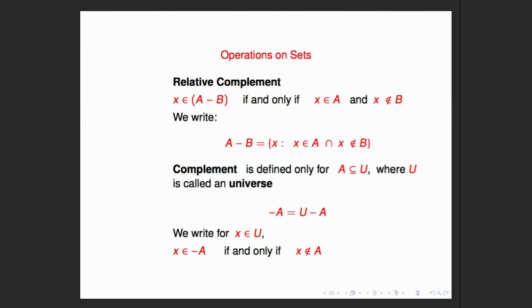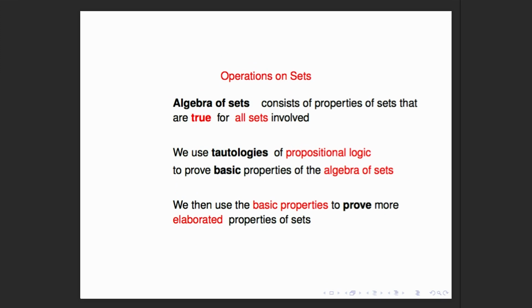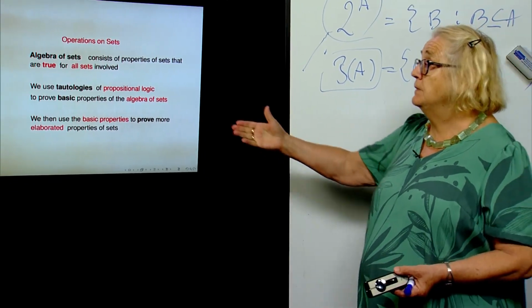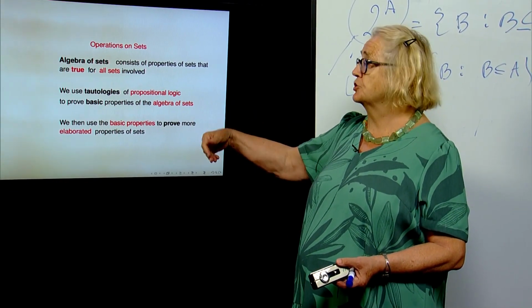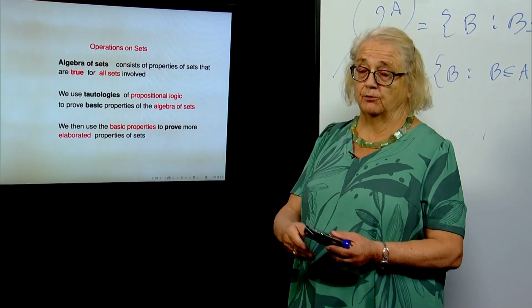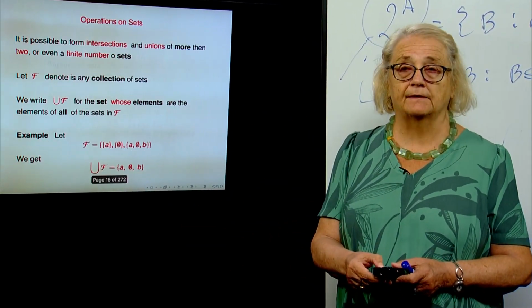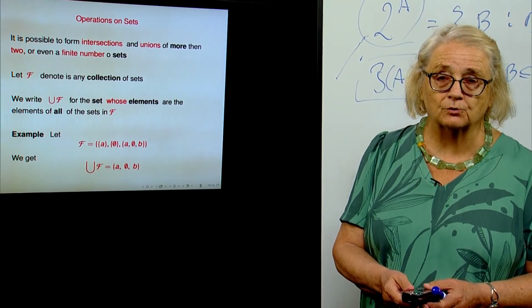And you have complement, relative complement, you have all basic operations of sets, and algebra of sets consists of properties of sets that are true for all sets involved, and we use tautologies of propositional logic to prove basic properties of the algebra of sets, because you can see the definitions are connected in a special way.